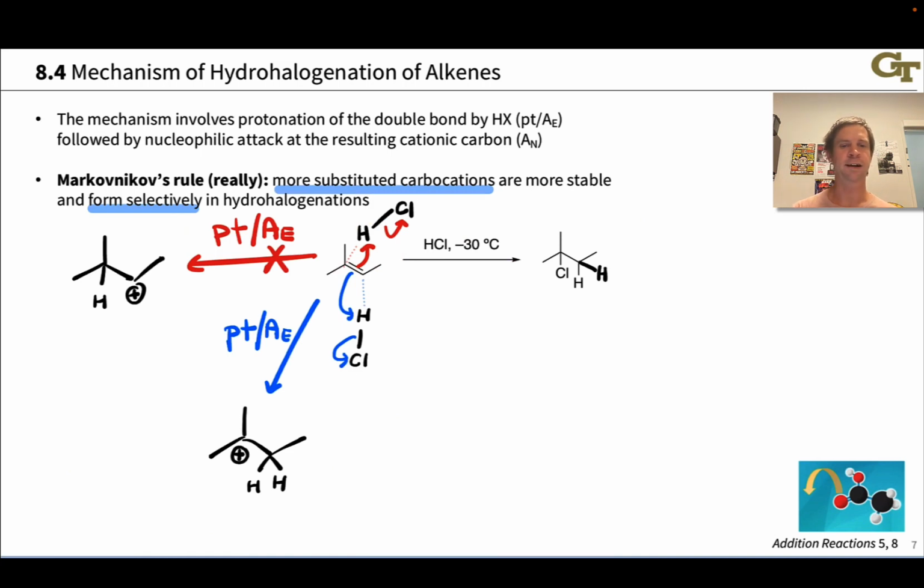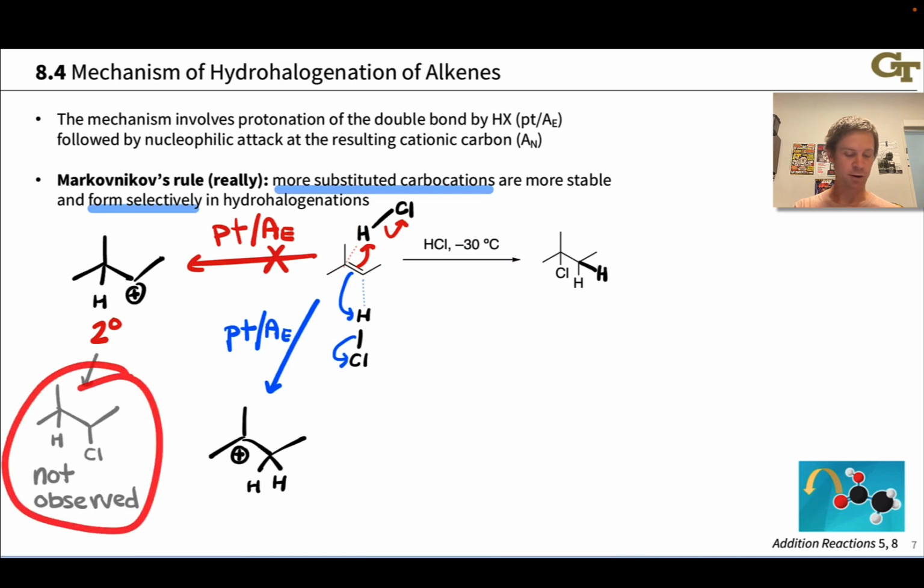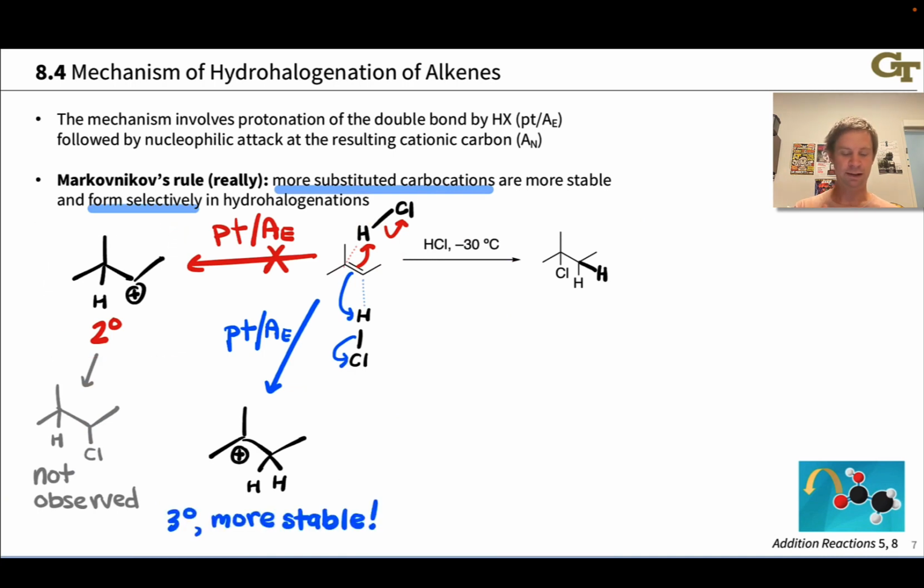So take a minute to pause if you need to, and notice these two carbocations are isomeric. They're constitutional isomers. Moreover, the cation in the top left, that's secondary. And the cation in the bottom right, that's tertiary. The tertiary cation is more stable, so in fact, we don't observe any of the so-called anti-Markovnikov product with chlorine linked to the less substituted carbon, because this would require the intermediacy of the less substituted carbocation. Instead, we see chlorine linking to the more substituted carbon because this involves a tertiary carbocation intermediate, and that's more stable.